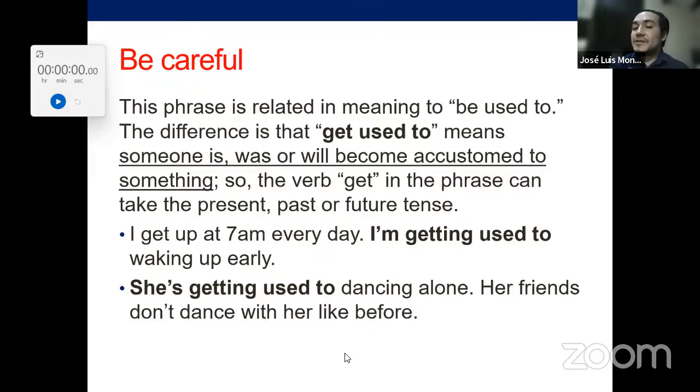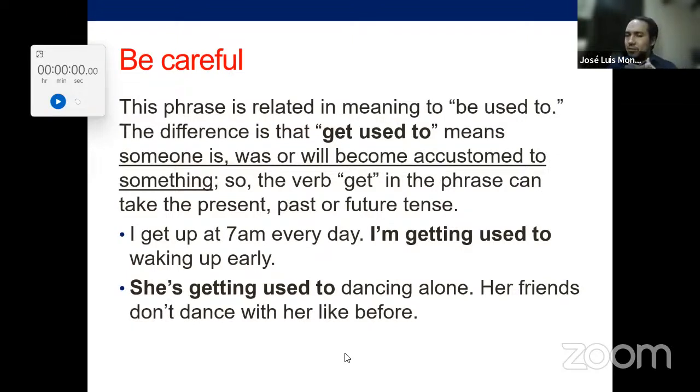You have then these three ways of using used to. Just the verb used to, which means past habits. Just the expression be used to, which means something normal for you. And getting, or you can say be getting used to, which means the process of making something normal for you.